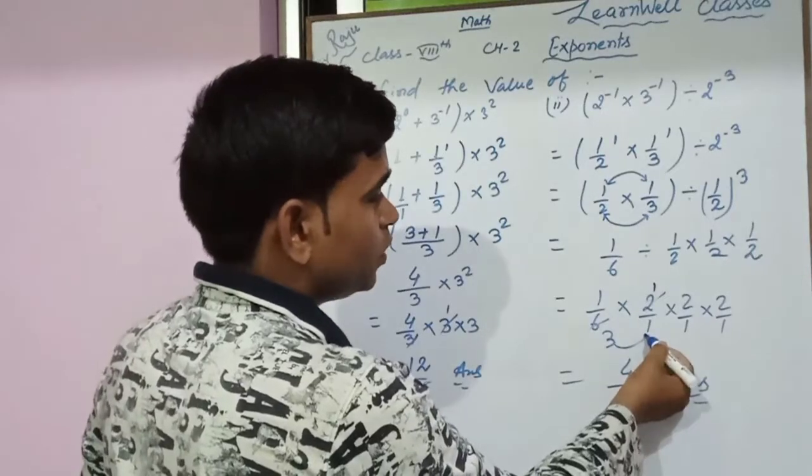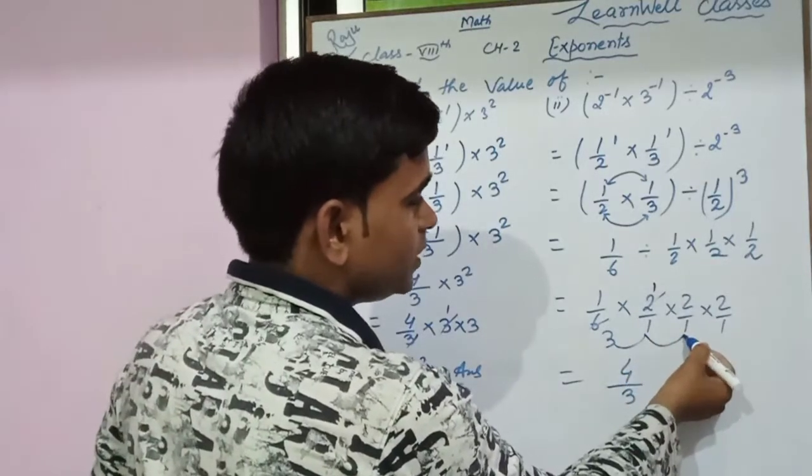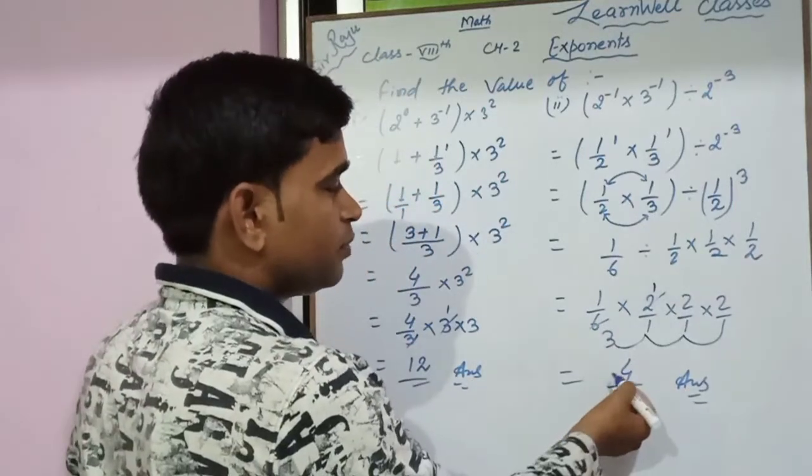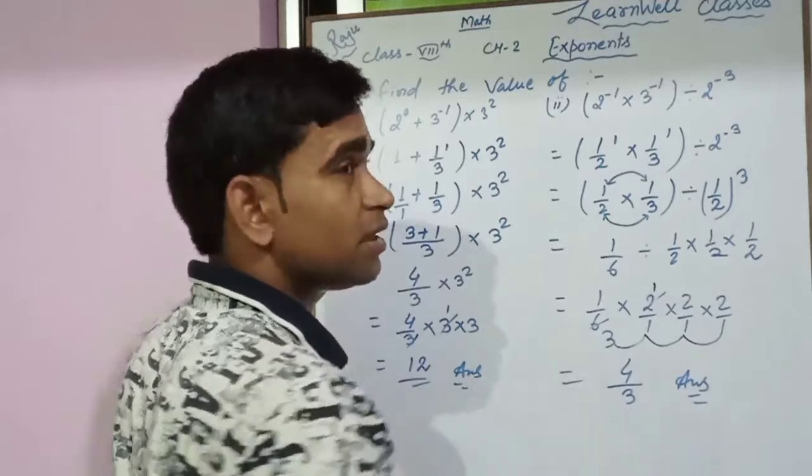And 3 into 1 is 3, 3 into 1 is 3, 3 into 1 is 3. So we get 3. It means 4 upon 3 is the answer.